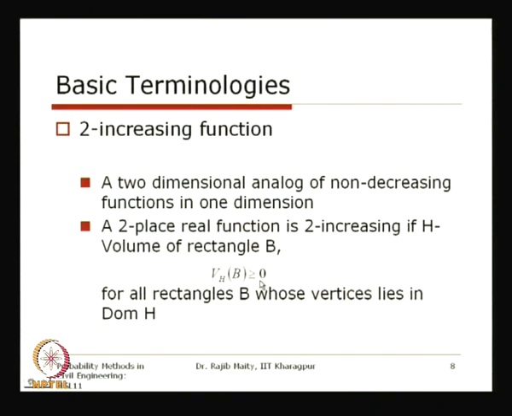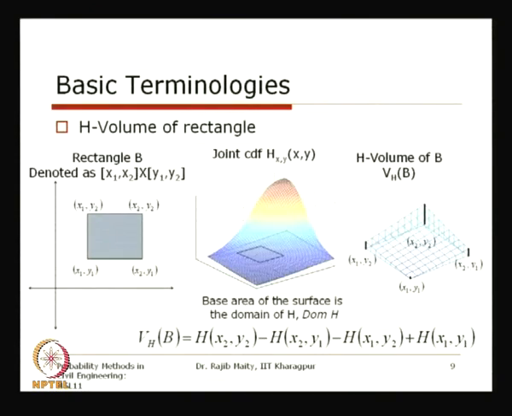Now let us discuss what this H volume means. Let us see this area first, the rectangle whose vertices are x1 y1, x2 y1, x1 y2, and x2 y2.